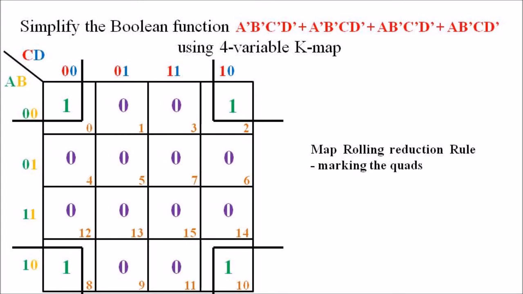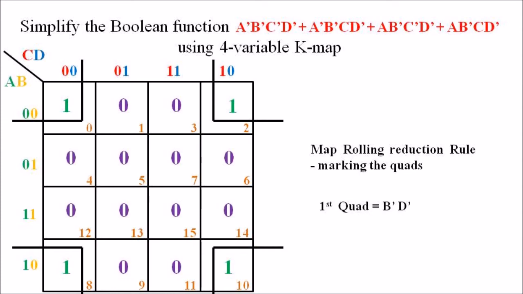That is, the quad can be marked using map rolling with row 1 and row 4, and with column 1 and column 4, with the cell values 0, 2, 8 and 10. This quad can be reduced as b' d'.